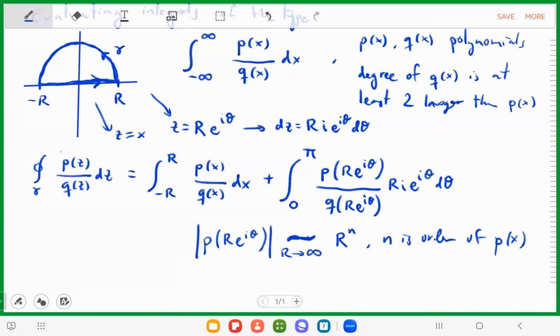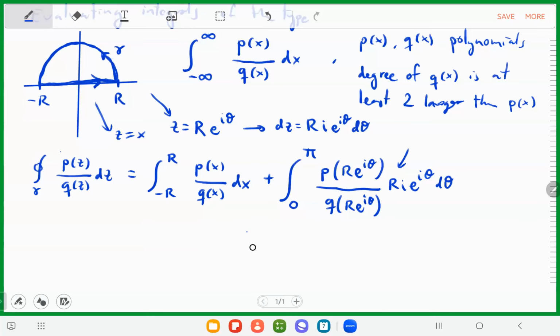So when you put these things together with this r, you will see that in this integral, you will have a complex number that has a modulus. The modulus will be r to the order, how do we call the order of p? Sorry.